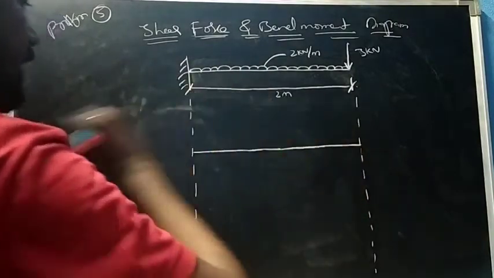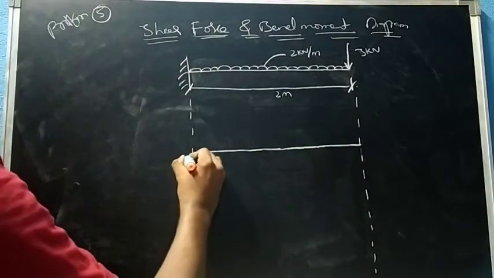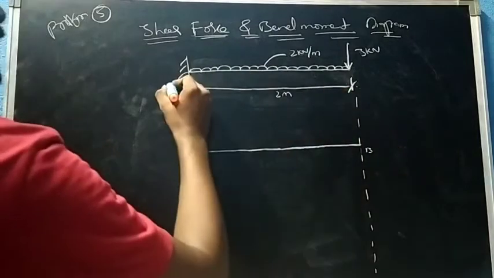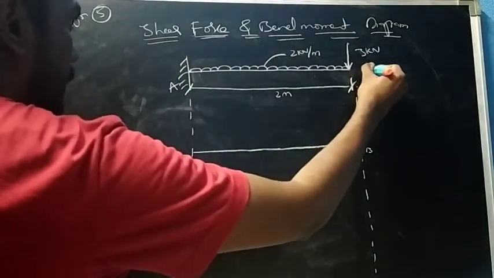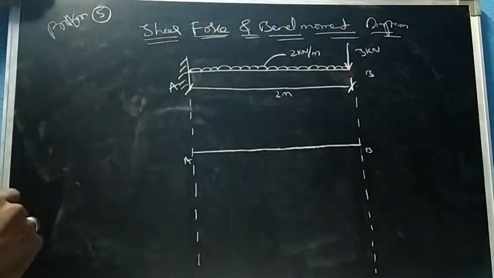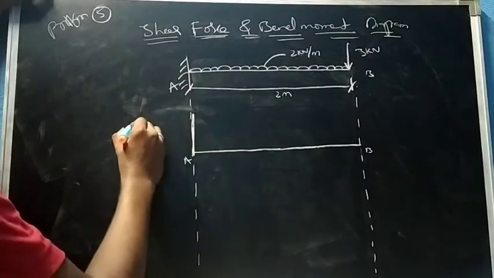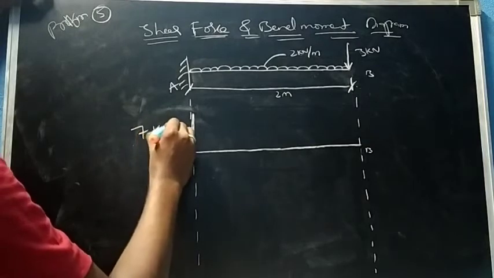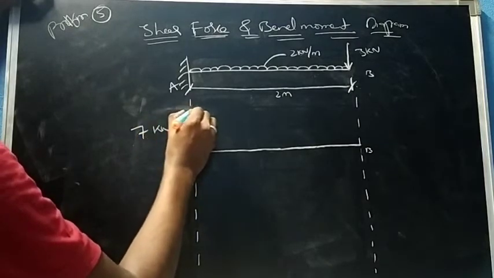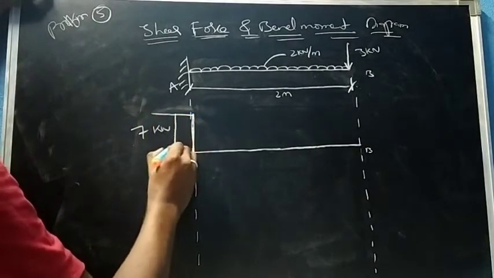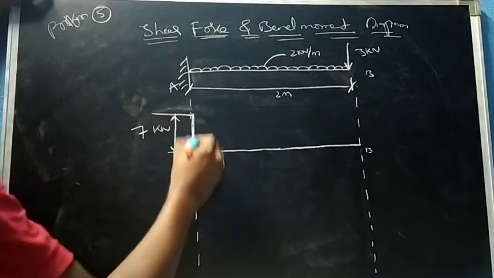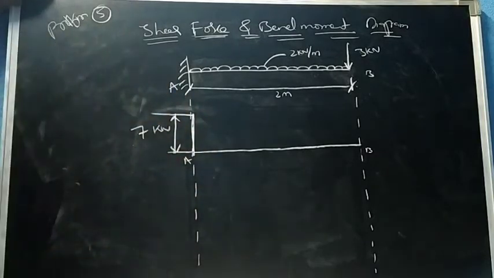So draw the baseline, which is A and B. Give the names A and B. We got the shear force value at A, that is 7 kilonewton, which is positive. That's why we are drawing above the baseline.